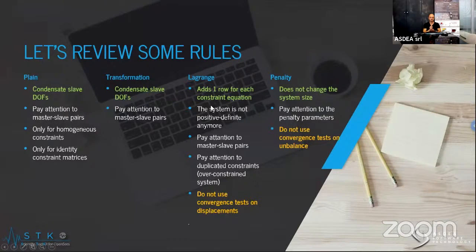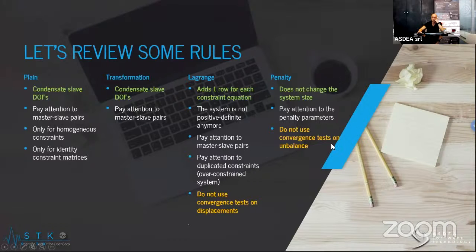But basically, with the Lagrange multiplier, in these extra rows that it is going to add, the solution vector, which is actually the displacement and rotation vector, has in those rows the constraint forces, okay? So the problem is that if you try to test the convergence on displacement, you have to understand that in that vector, you also have forces, okay? So it will be very difficult to reach convergence in that point.